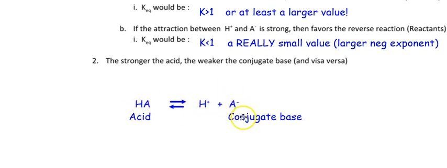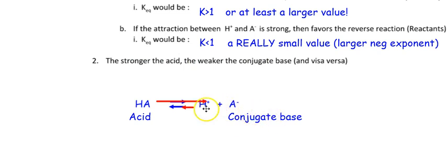So here's my acid, here's the conjugate base. What are they saying? If this is a really, really strong acid, what's it going to do? It's going to mostly go in the forward direction and not so much the reverse. So what are you going to have more of? You're going to have more of the conjugate base, aren't you? So the stronger the acid, the weaker the base.